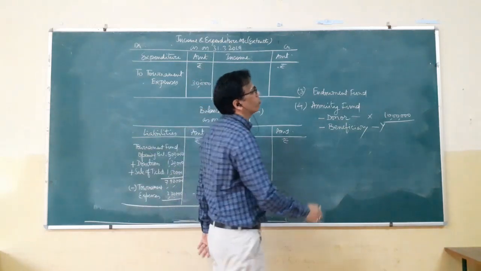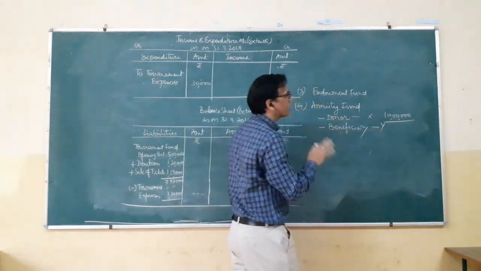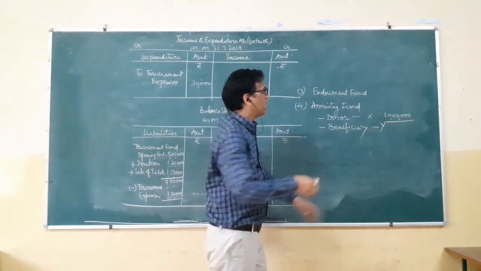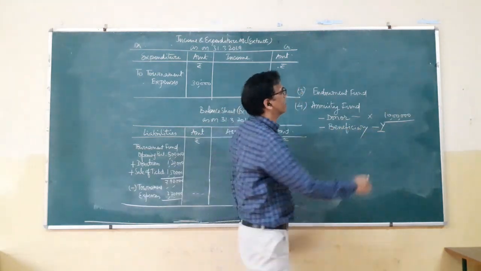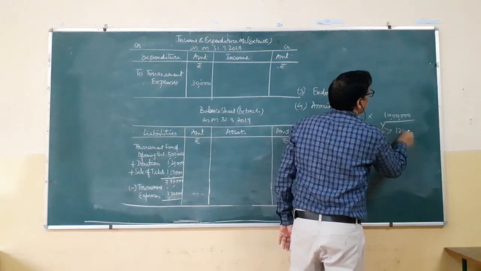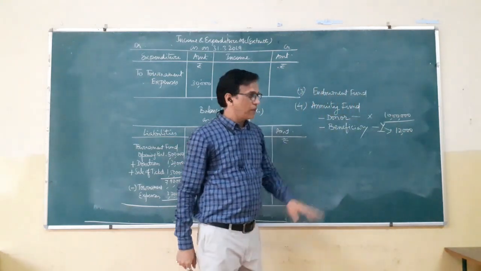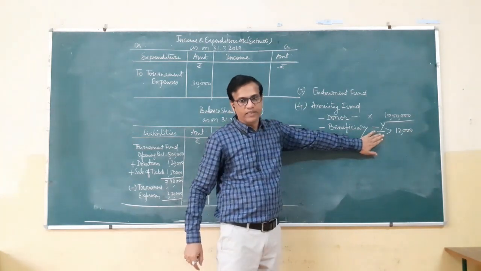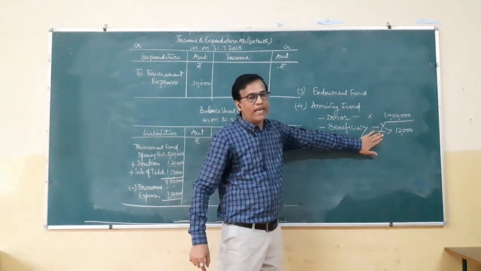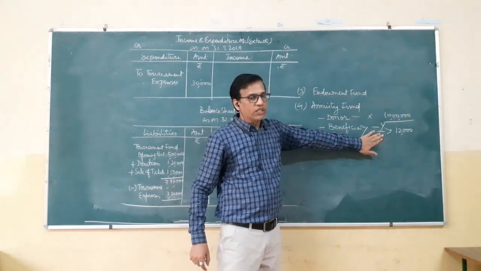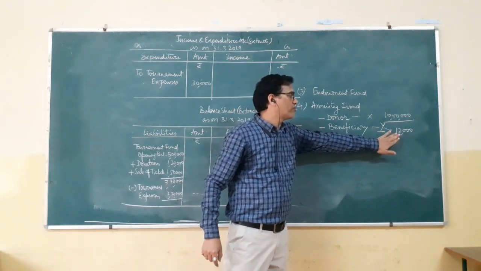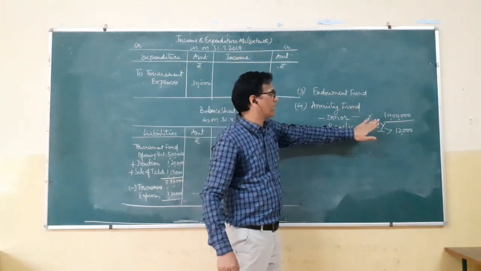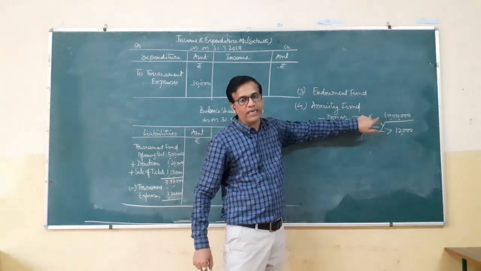This donor says that after my death, after the death of X, his wife Y should get 12,000 rupees per month until her death. As long as she is alive, she will be getting 12,000 rupees per month from this not-for-profit organization, against this amount donated by X.